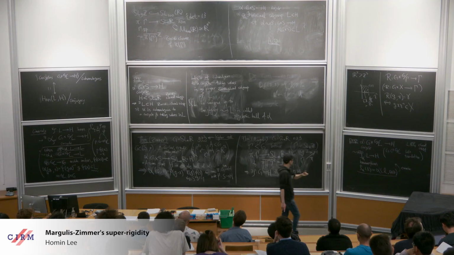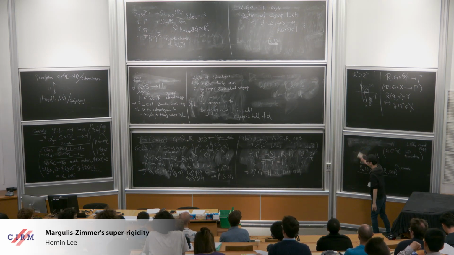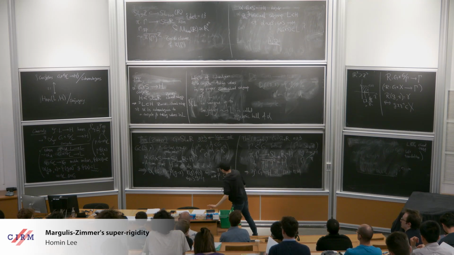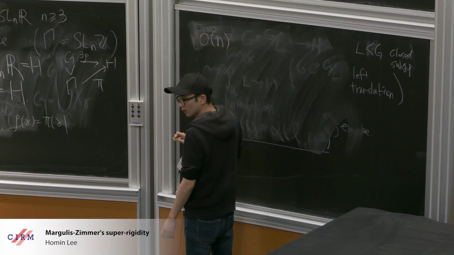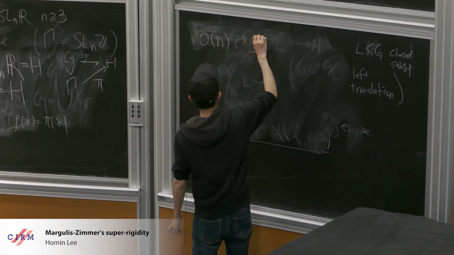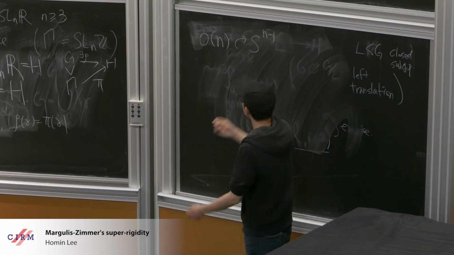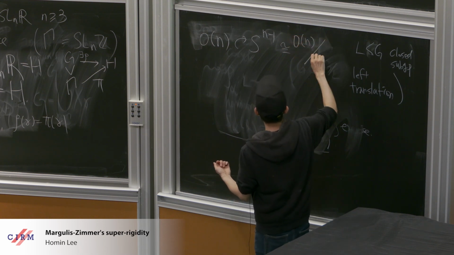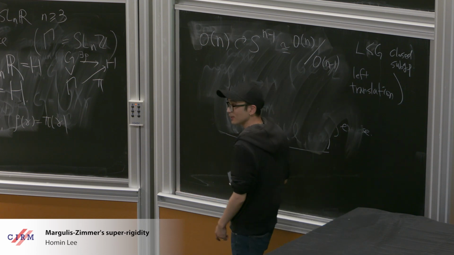But I forgot to write down one thing here. I think this is much more related to your question. So here's one example for you. O(n) acts on S^(n-1) by isometry. This is a homogeneous space, O(n) mod O(n-1). This is the group action.